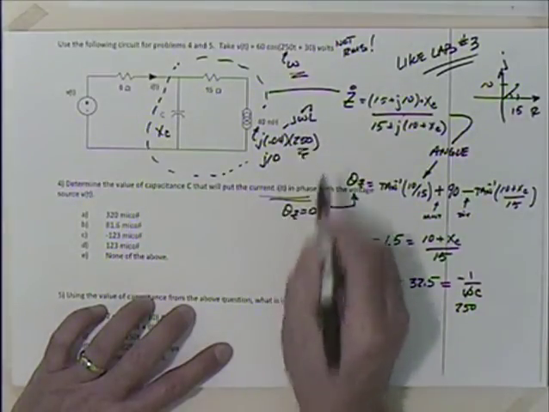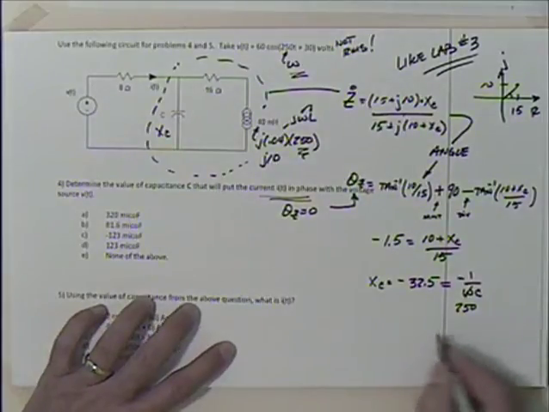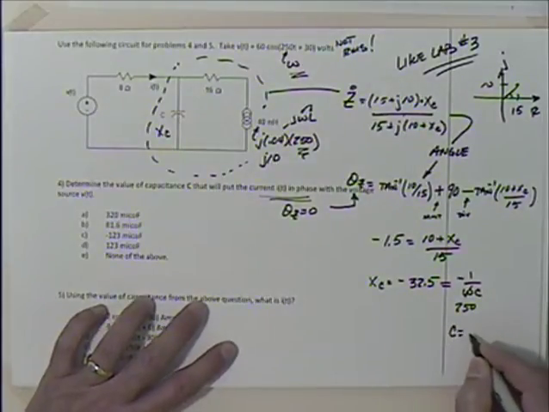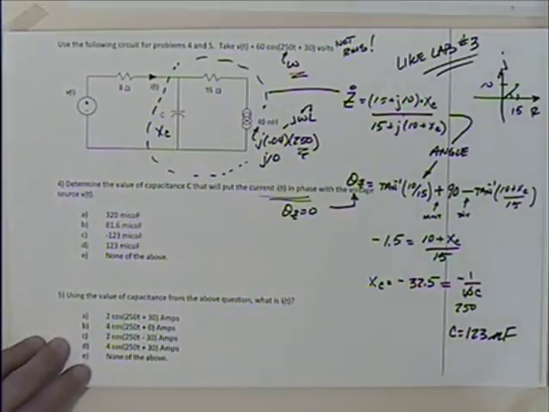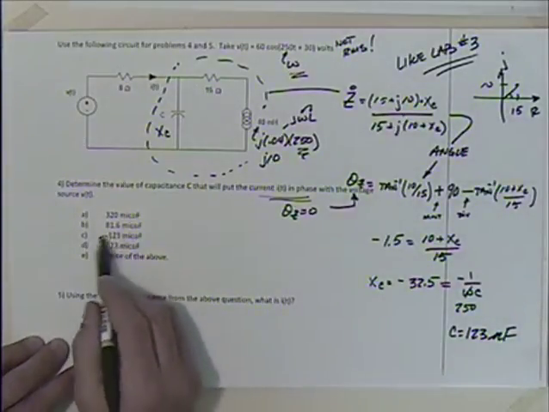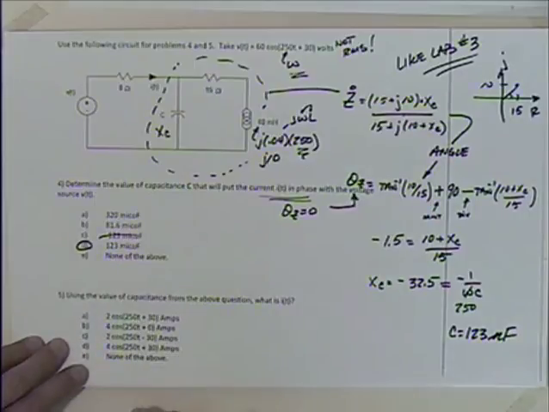We've used that a couple times now. You can solve for C. C turns out to be equal to 123 microfarads. 10 to the minus 6, 123 microfarads. That's not a good answer there. That would be it. So answer D.